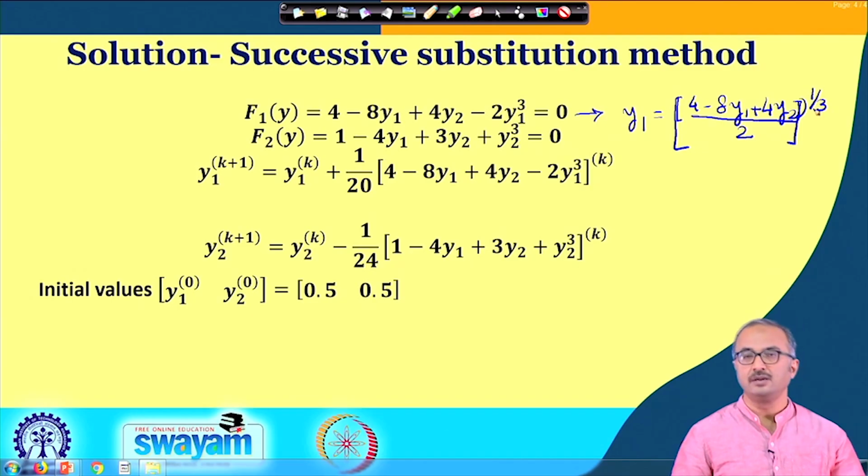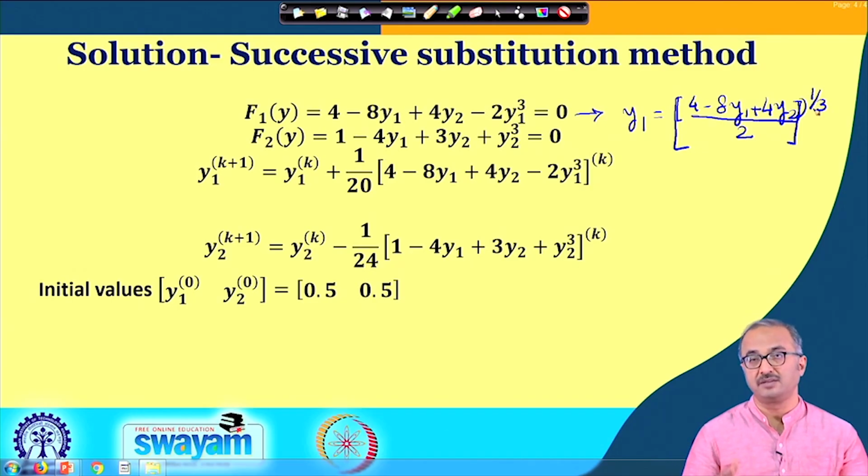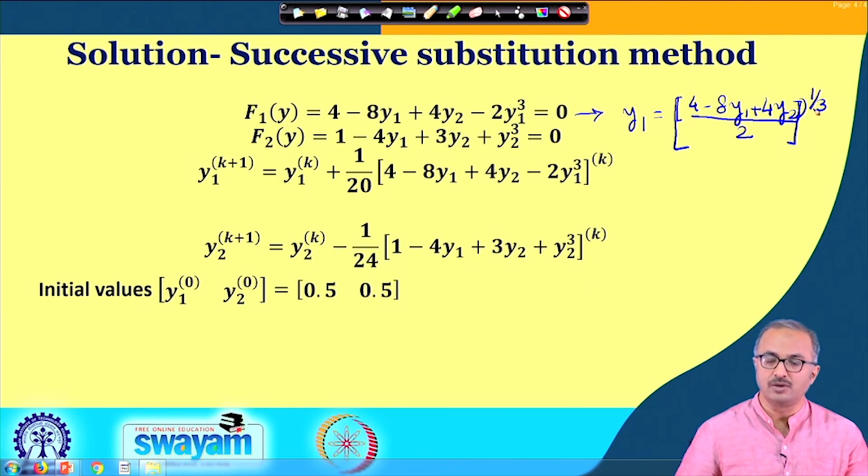That means I take the cubic root. So, this may be another way of representing y1, and similarly you can do the similar thing for y2 for this expression. Also, you may get y1 from this equation and y2 from this equation. So, there may be multiple ways of choosing the expressions for y1 and y2 from a given set of equations.